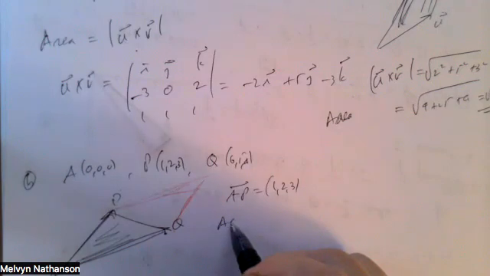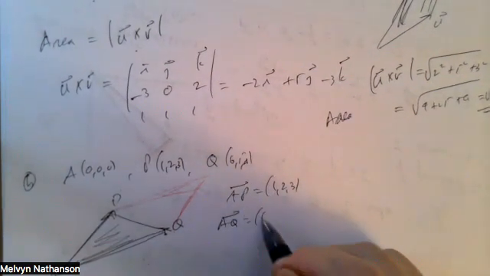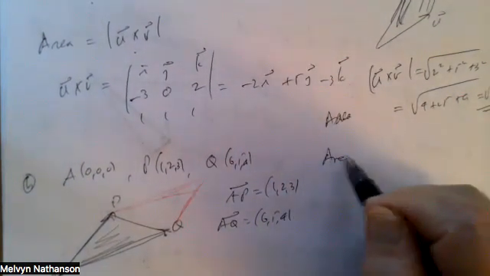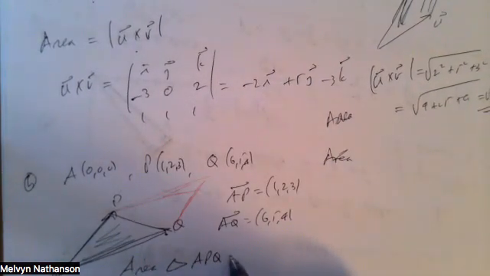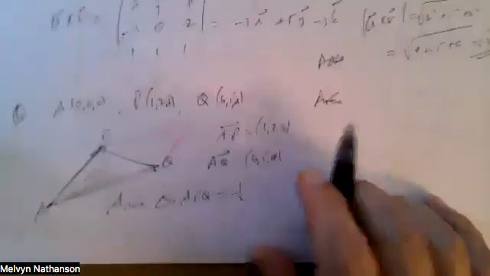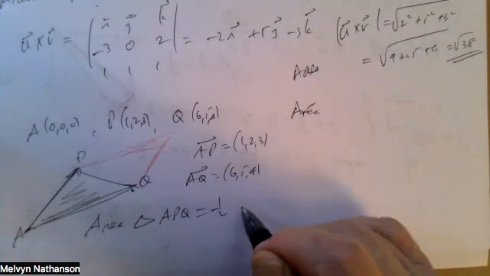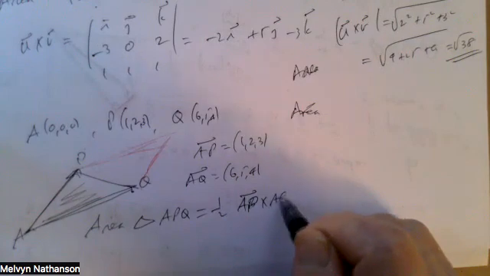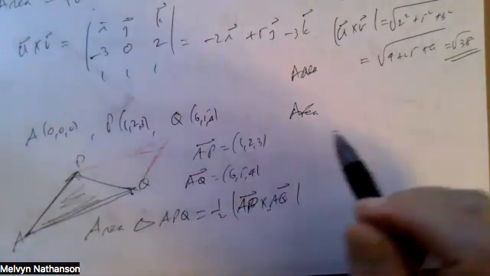The vector from A to Q is the vector 6, 5, 4. So the area of this triangle APQ is half the area of the parallelogram that these vectors form, which would be the cross product of the 2 vectors AP and AQ. So I take that cross product and compute its length. Half the length is the area of the triangle.